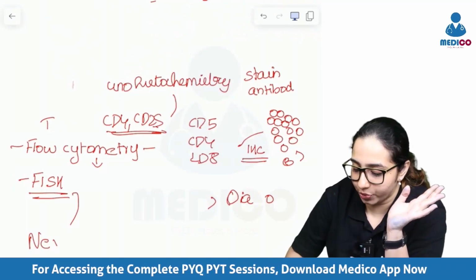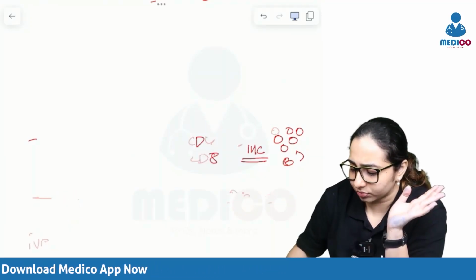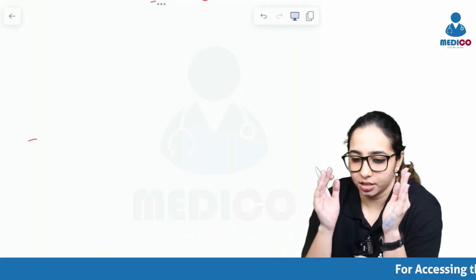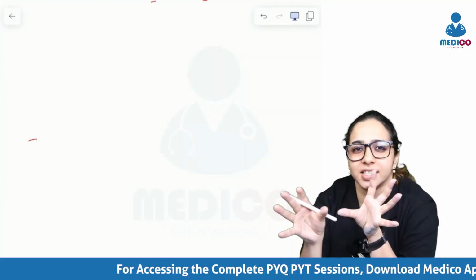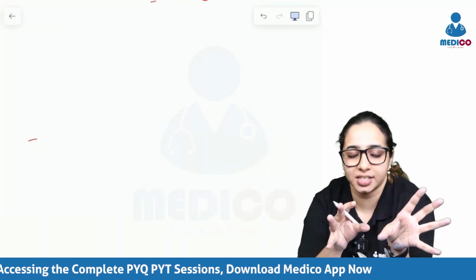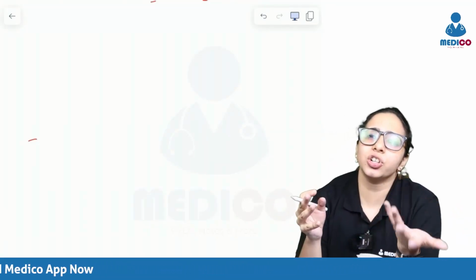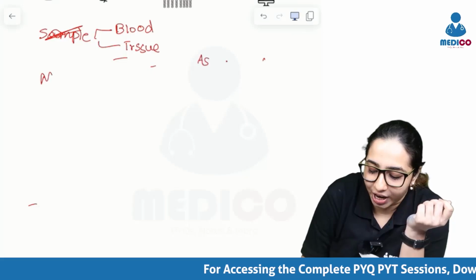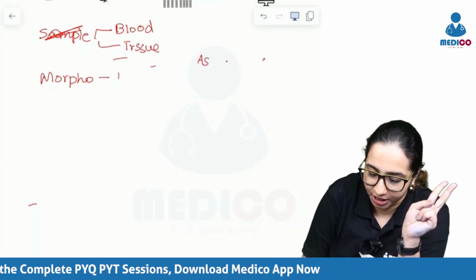Now, why I am telling you all this is, in any sort of question, the normal pattern is that the question will say a boy or a girl, with a short history. These kinds of cells are seen either in the blood smear or in the biopsy section. And what will you do next to confirm? So there is this order that we follow. First you have morphology, that is the biopsy or the peripheral smear.